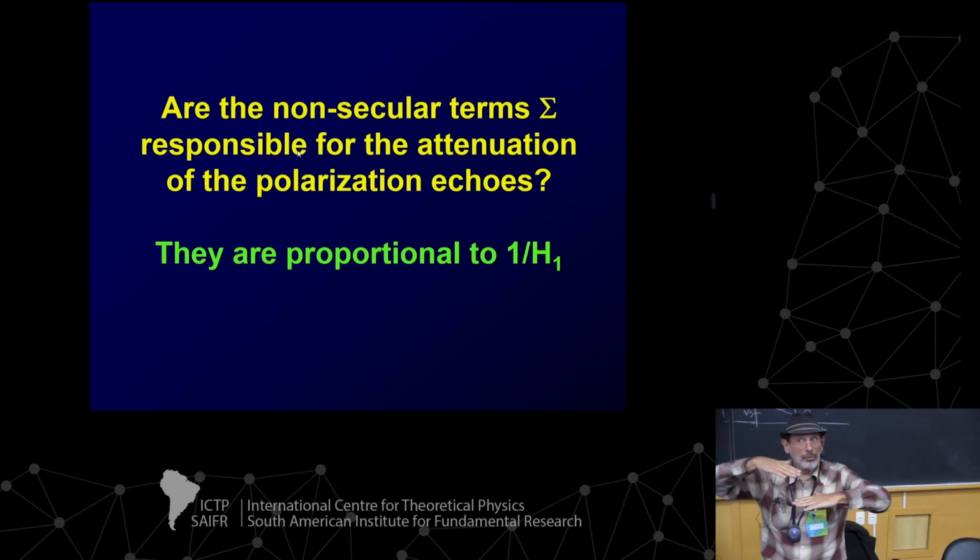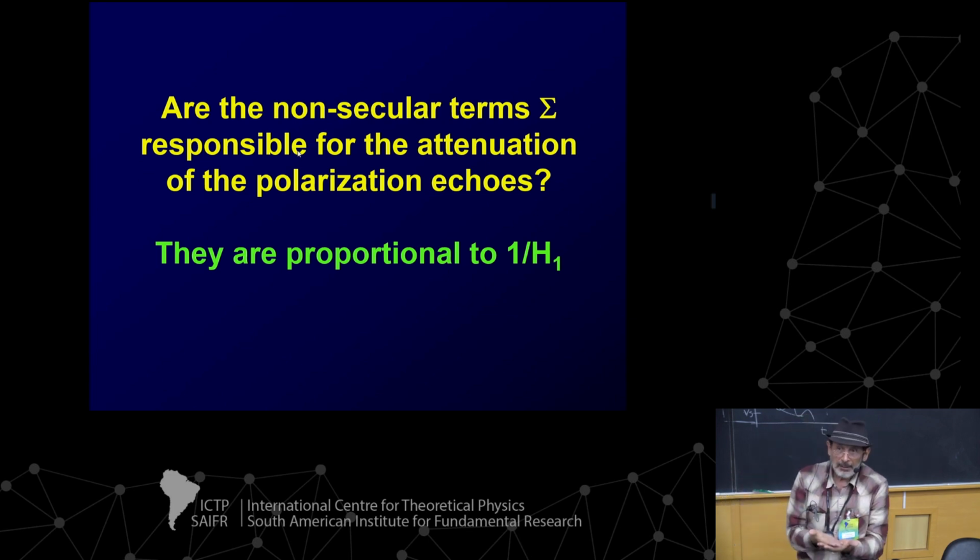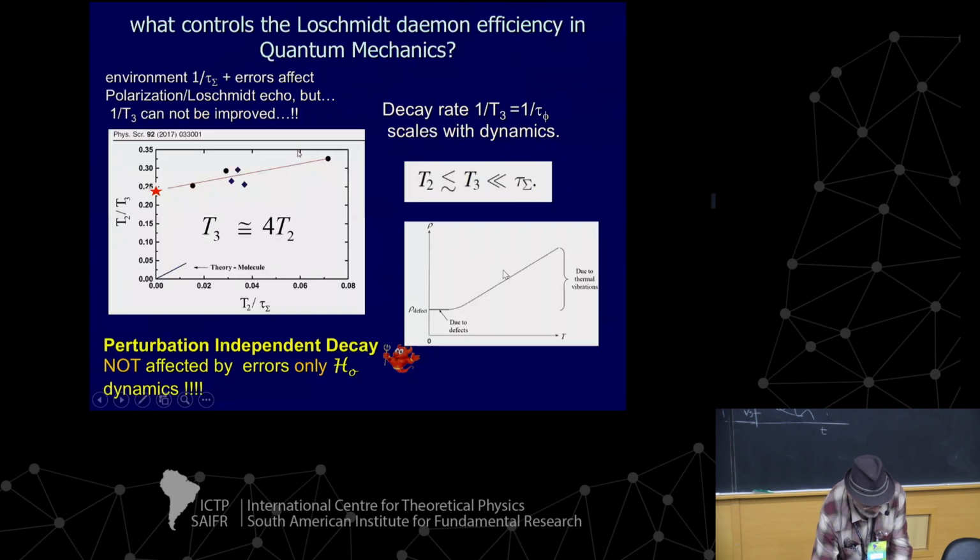So essentially it's truncated by the Zeeman energy. The non-secular terms are just perturbations on the Hamiltonian, on the flip-flop terms and the Ising terms, and those are the ones that are proportional to this radio frequency field that I was mentioning.